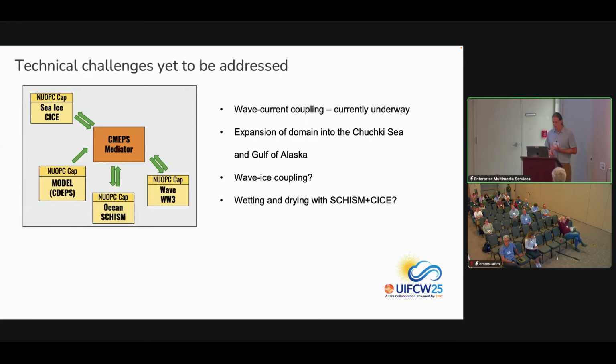There are very interesting questions about wave-current coupling and wave-ice coupling combined, and how the ice may damp the waves, and how the waves might break up the ice, that will present themselves as we go further into this. And there are very interesting questions as we consider inundation, wetting and drying, and potential formation of stamukha, where ice piles up on dry land and then grows larger during wetting periods. So there's a lot of exciting work left to come with this.